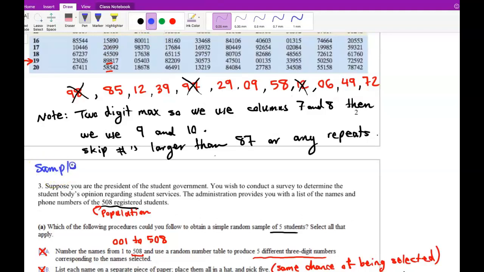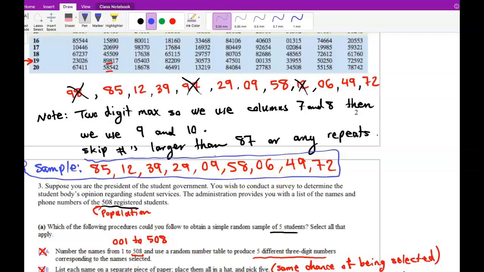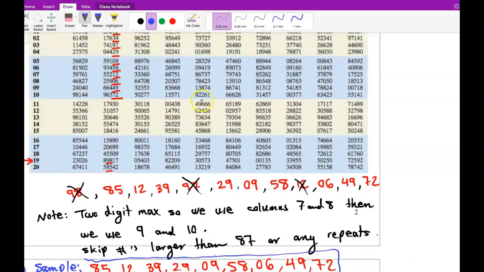Sample, and this part was 85, 12, 39, 29, 9, 58, 6, 49, 72. So this was the final answer for example number 2.